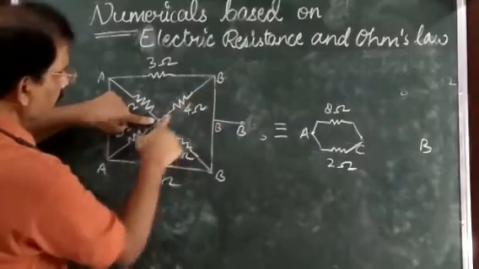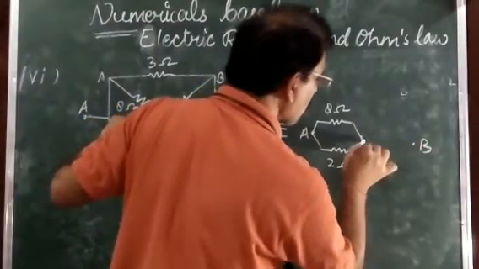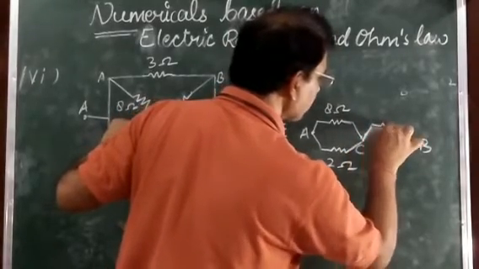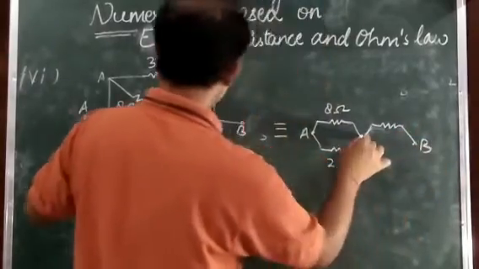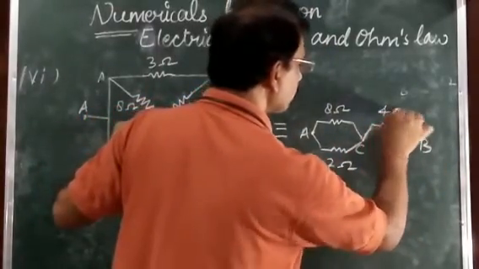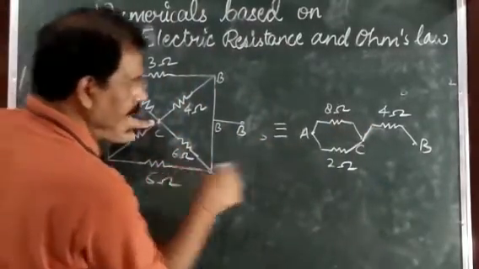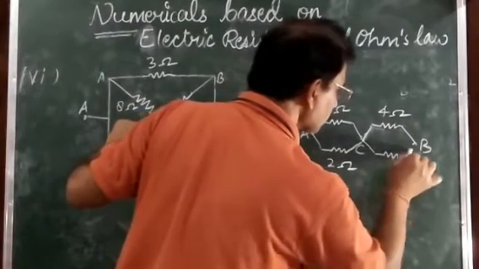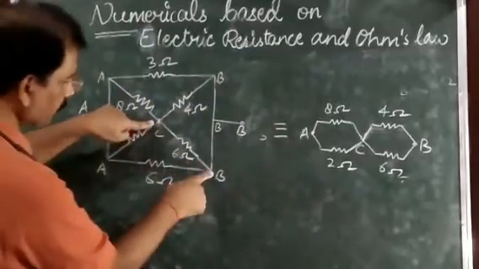Again, B to C is 4 ohm, and again C to B is 6 ohm.